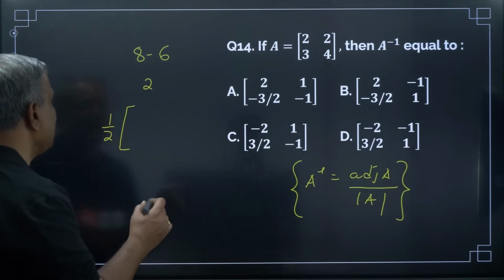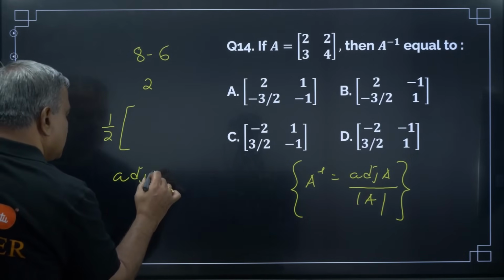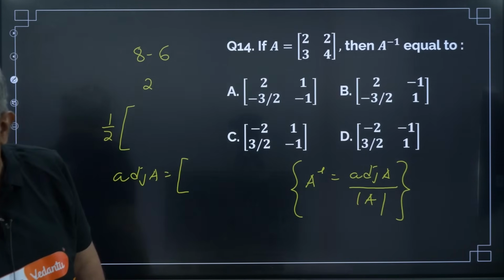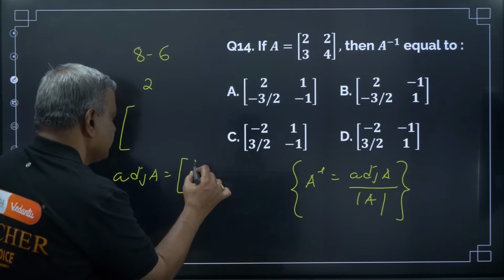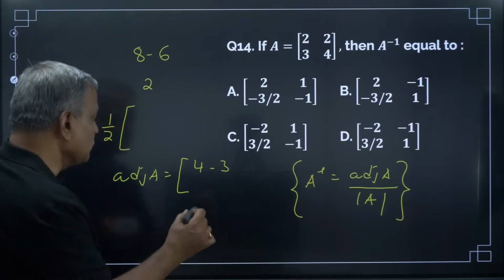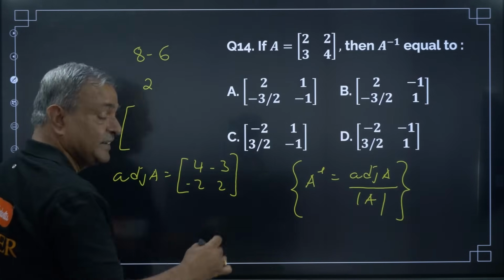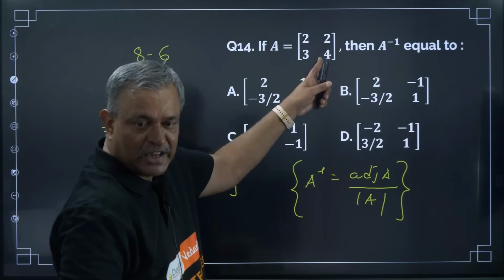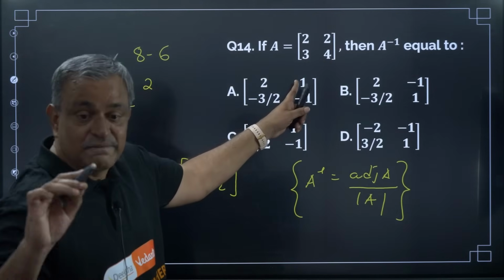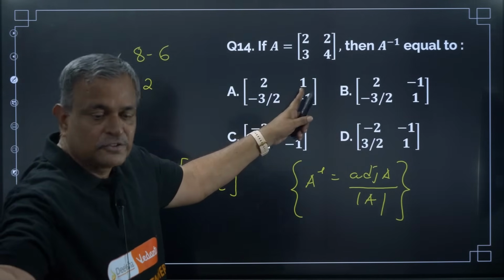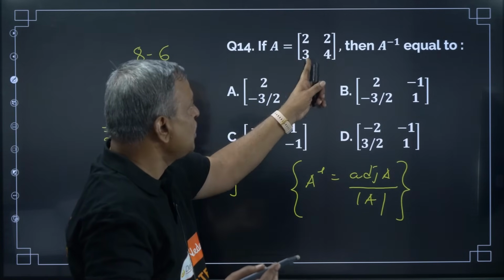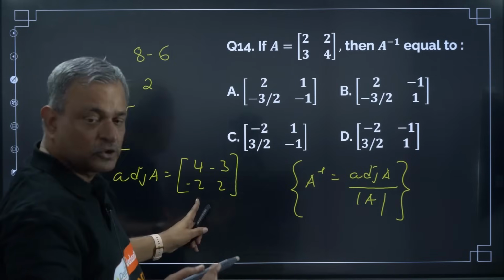So adjoint of A you will get as 4, minus 3, and minus 2 and 2. How it works, I'll tell you. A11, you block it, you get 4. Next, A12, first row and second column, 3. For A12, 1 plus 2 is an odd number, so negative, you get minus 3. Then you find A21, second row and first column, 2, again negative, minus 2, and this one.